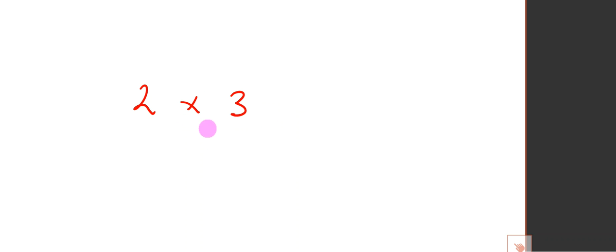2 multiplied by 3. How do I explain it to someone? No, that's division. And we shouldn't say over either. But that doesn't explain it to someone.